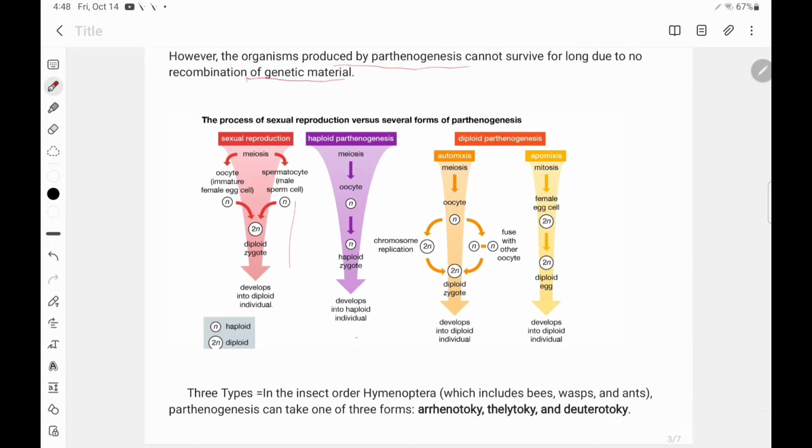This is haploid parthenogenesis. Next, diploid parthenogenesis: automixis involves meiosis, oocytes, then diploid, developing into diploid individuals; apomixis involves meiosis, then 2n diploid. This is called diploid parthenogenesis.